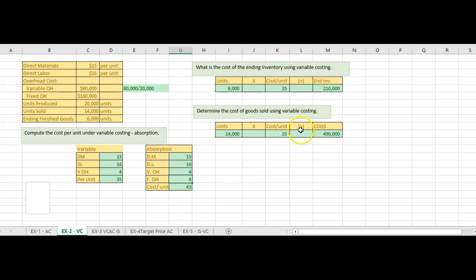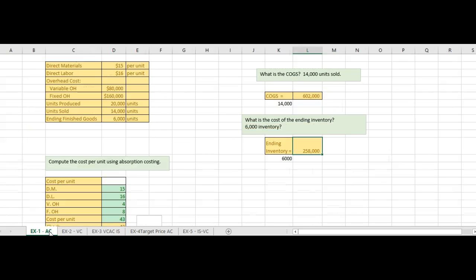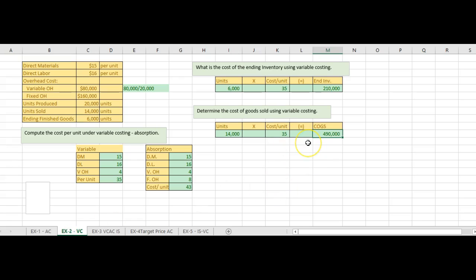So now we have a different scenario for the ending. It's now 210,000. And your cost of goods sold using variable would be 490,000 rather than, what do we have, 602,000 or 258,000. So there's a difference there, and that difference is that fixed overhead.